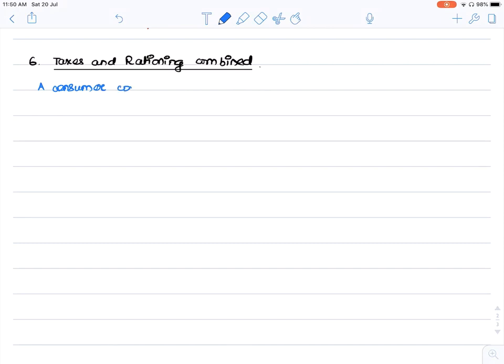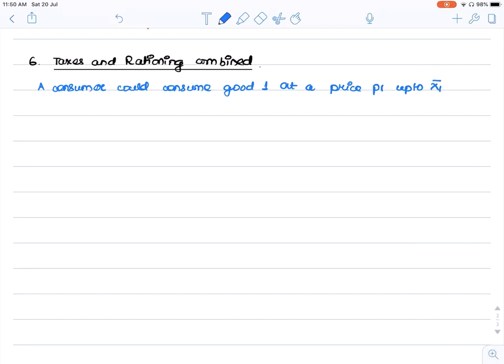This is the same example I'm giving you, that you can buy, let's say, 5 kilograms of rice for 2 rupees. But if you want to buy beyond 5 kilograms, you will have to pay 1 rupee extra, right? That is like a tax. So the price becomes 3. This is another kind of rationing, right?